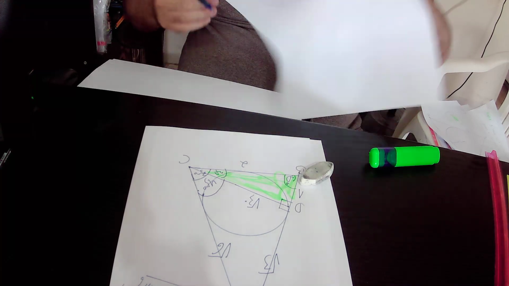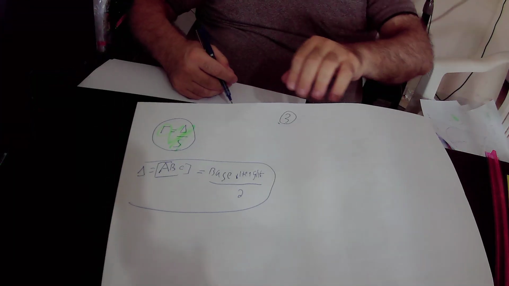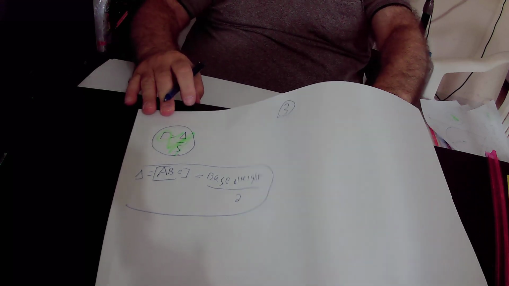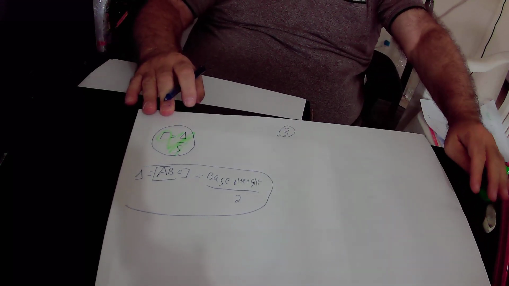The area of any triangle equals the base of the triangle times the height to the base over 2.